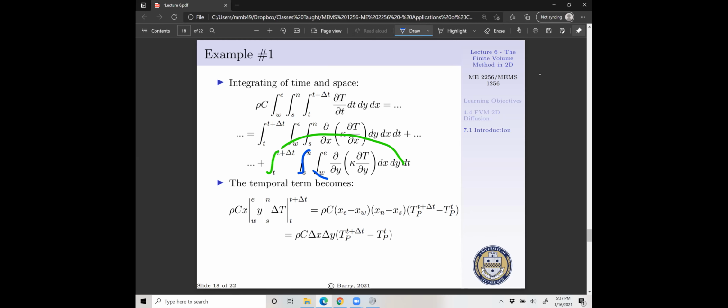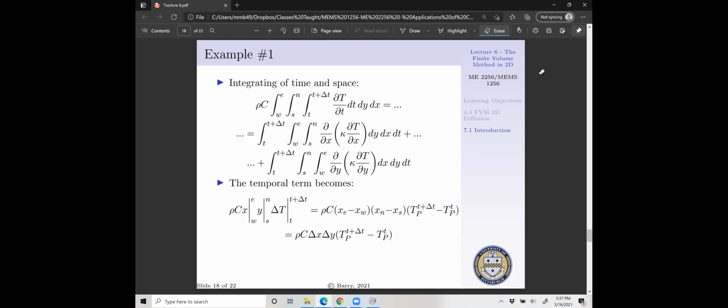From south to north, and then from west to east, del by del y times the quantity, or operating on our quantity, our diffusivity, del t del y. So we have this integral differential equation that we want to solve. We have some derivatives and some integrals all mixed together.